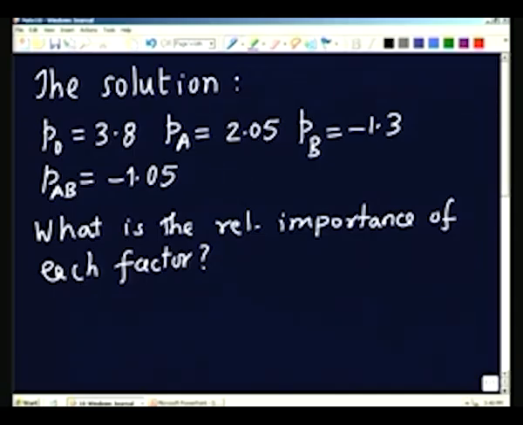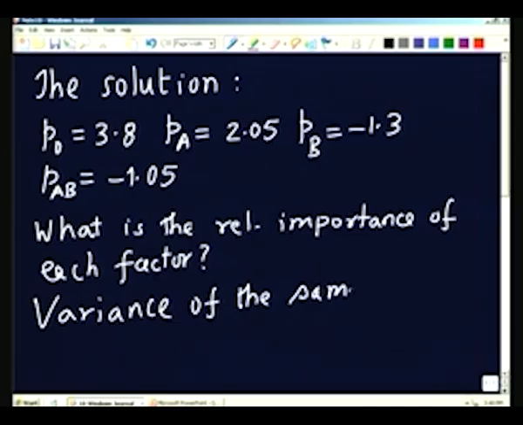So, if I use the variance, I will tell you how to calculate the variance of the sample. It will be calculated as, I will call it Sy squared, the sample variance.